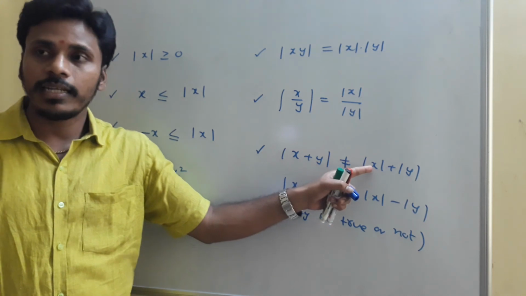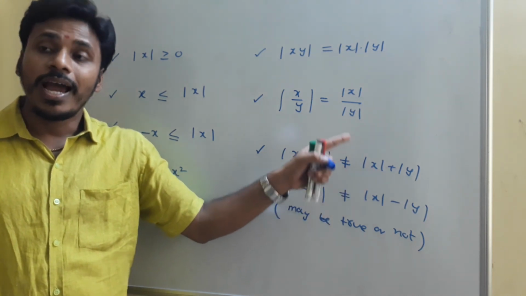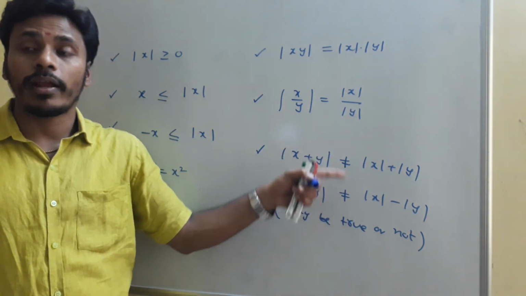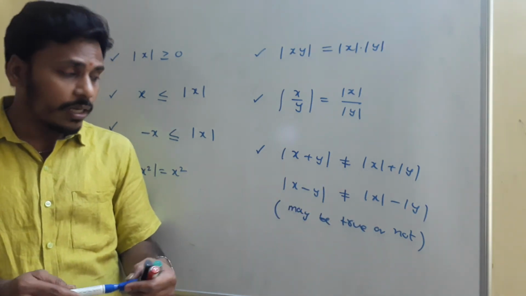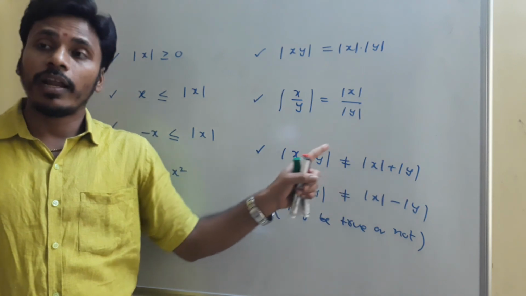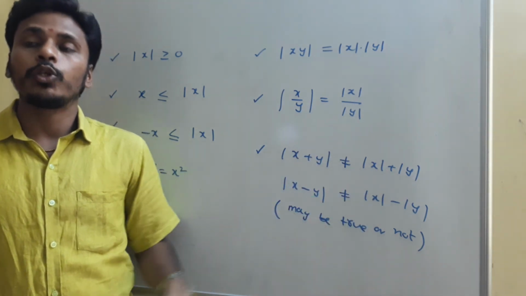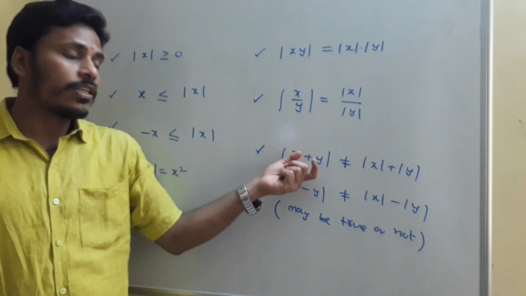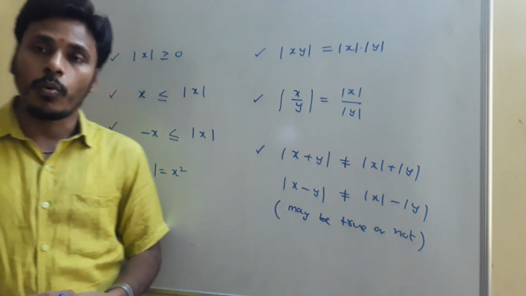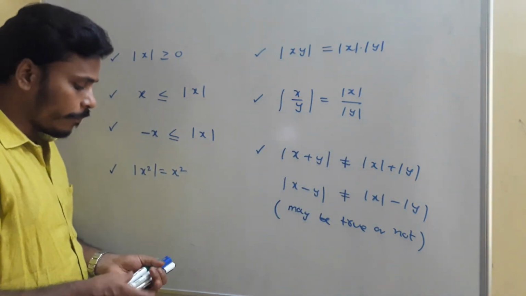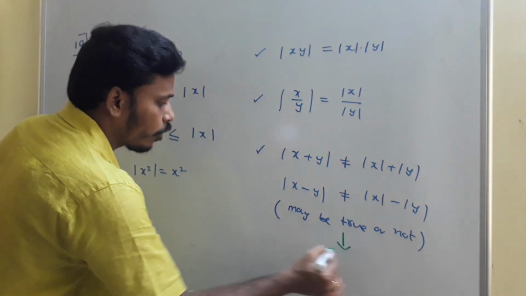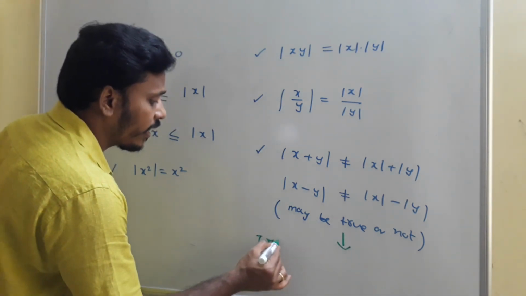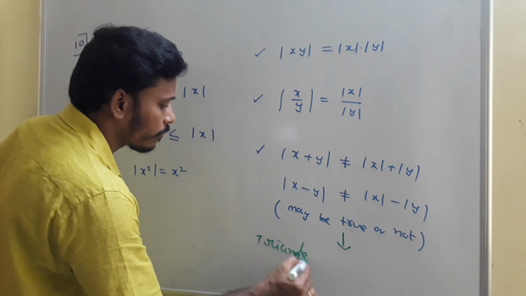They are not exactly equal to mod x plus mod y, and sometimes they are equal, depending on the values of x and y. And whenever these are equal and whenever they are not equal, and what is the relation between mod x plus y and mod x plus mod y, all these things we learn by the triangle inequality of the modulus.